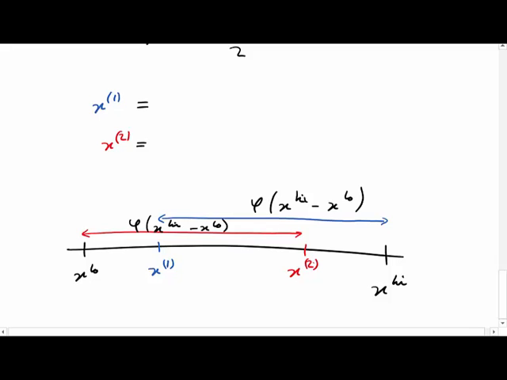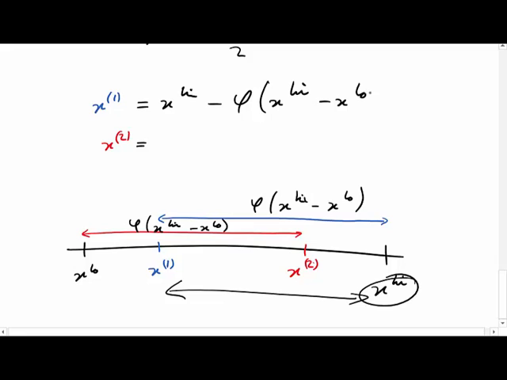Well, x1 is measured from x high, so it's x high minus that distance: x1 equals x high minus phi times x high minus x low.